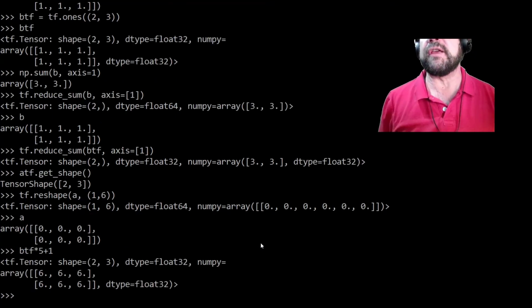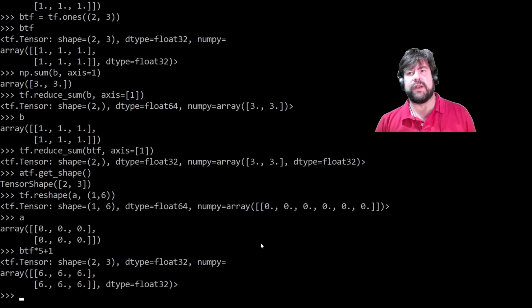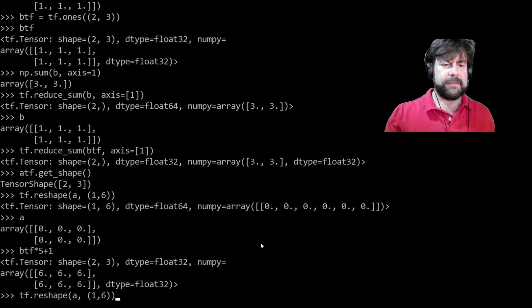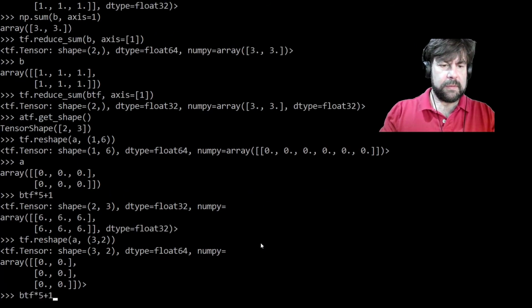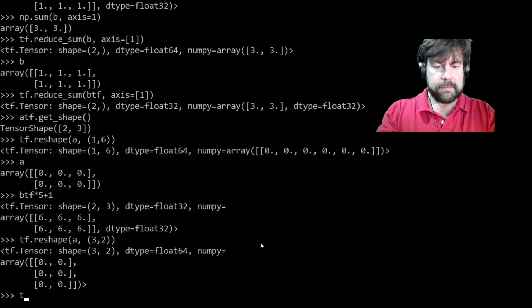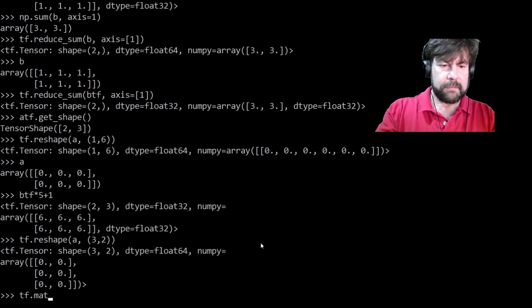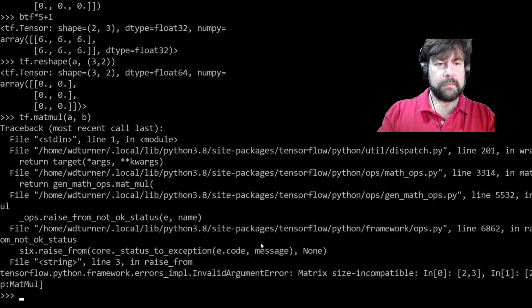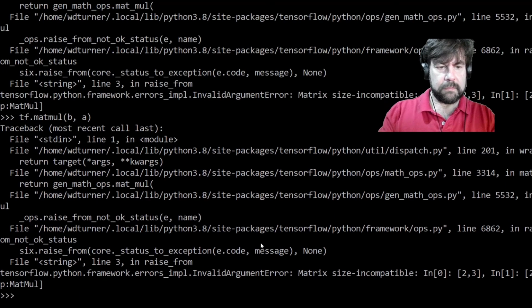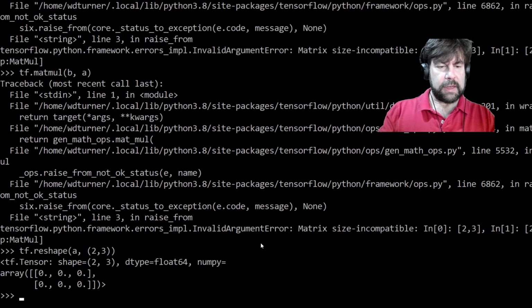That'll take the B tensor, multiply every entry by 5, and then add 1 to every entry. And we can do okay.